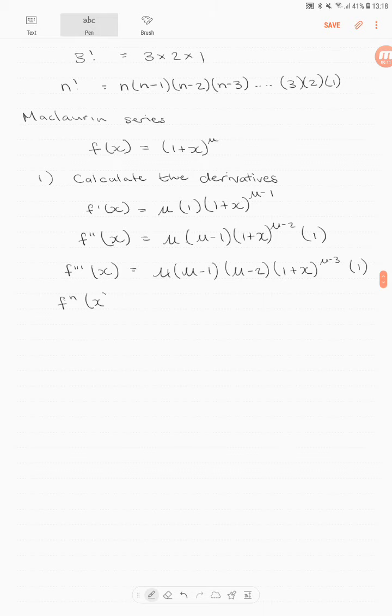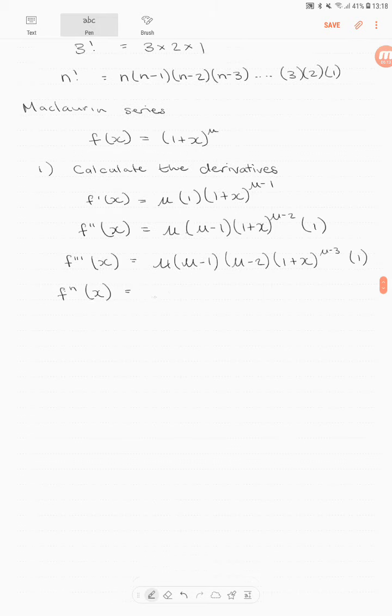So our nth order derivative for this function will be mu times mu minus 1 times mu minus 2, and this will continue up to mu minus n plus 1, times 1 plus x to the power of mu minus n.